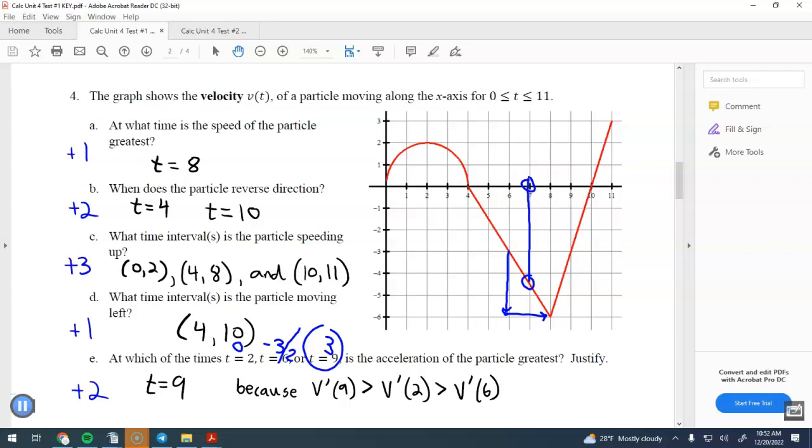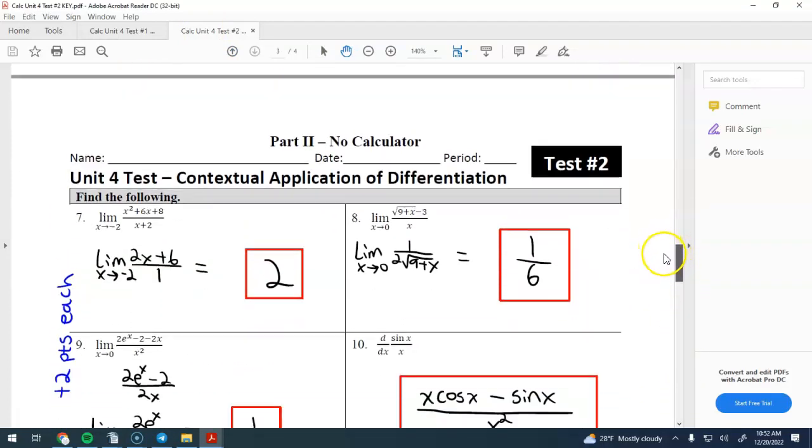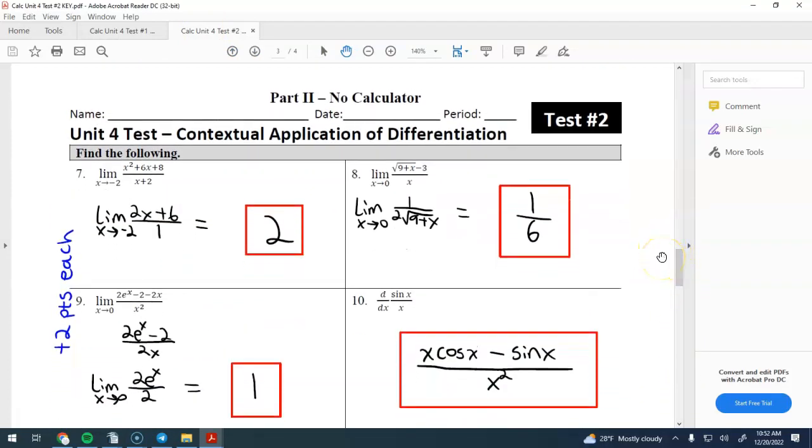What else we got on this one? Yeah. You didn't get number 7. I'm kidding. I'm kidding. What did I do yesterday?